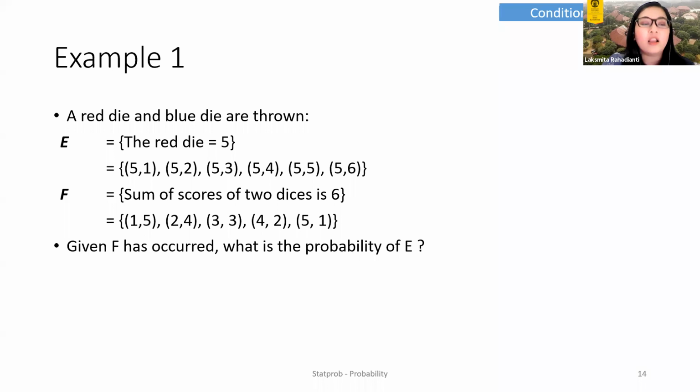So E is all cases in which the red die equals 5, which if we consider two dice, then we can write it as follows. And here, assuming that the red die is the first one, that was just arbitrary. And the second one is the sum of scores of the two dice is 6.